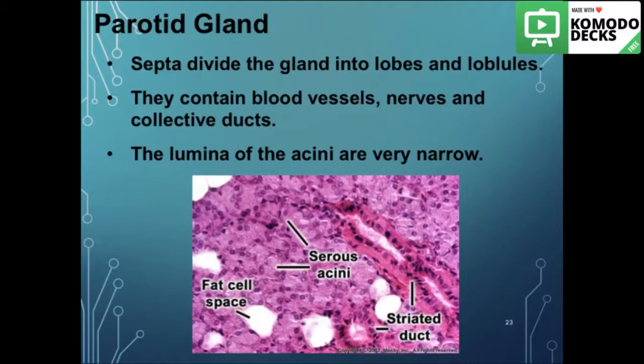As usual, the septa divide the gland into lobes and lobules, and they contain connective tissue, vessels, nerves, and ducts. The lumina of the serous acini are very narrow.